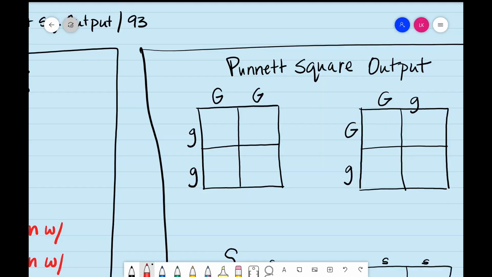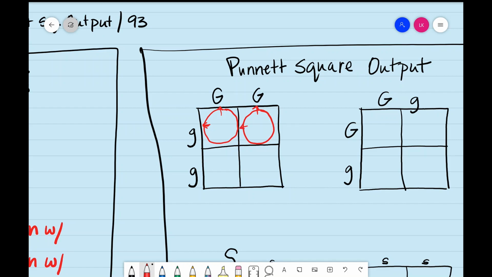Okay, let's go over the answers. So remember, you're going to start by looking at each box and going, okay, I'm going to pull one from each direction. So I'm going to pull one from the top and one from the side. And that's the same with every single one. Every single box, you're going to pull one from the top, one from the side.